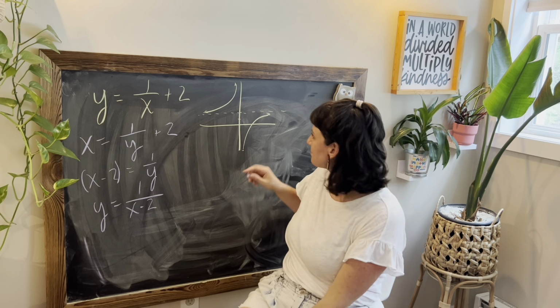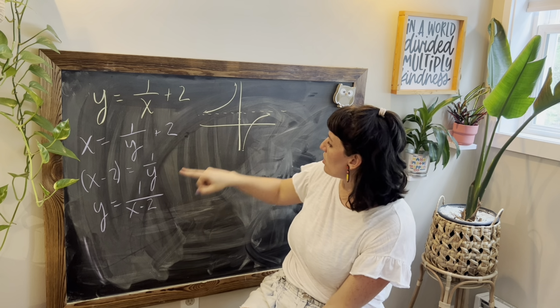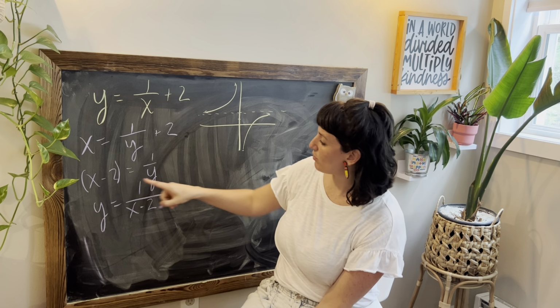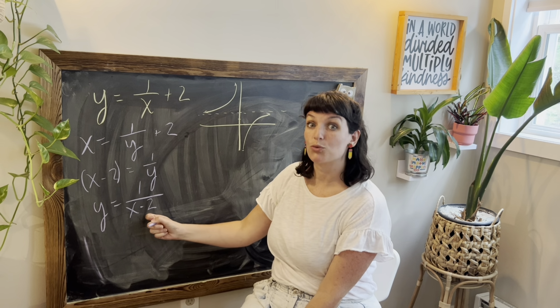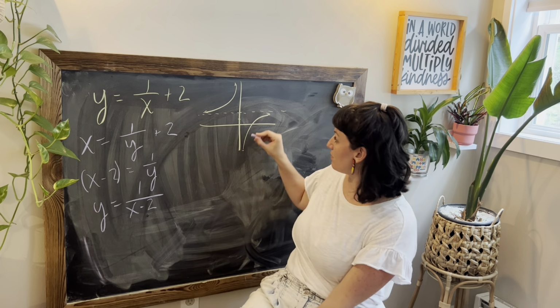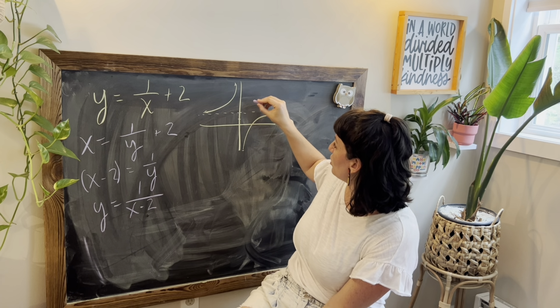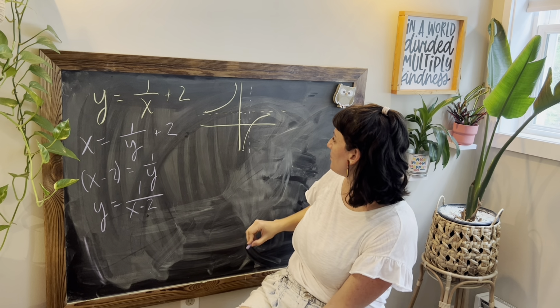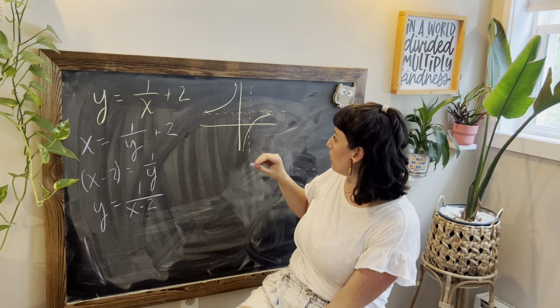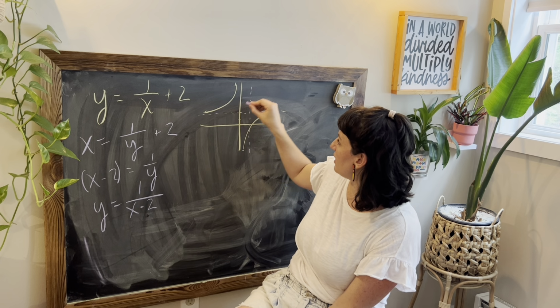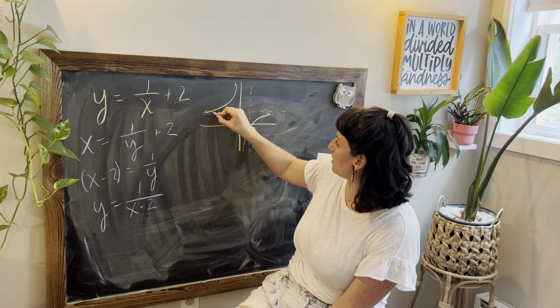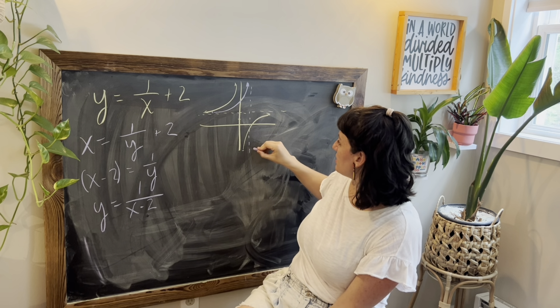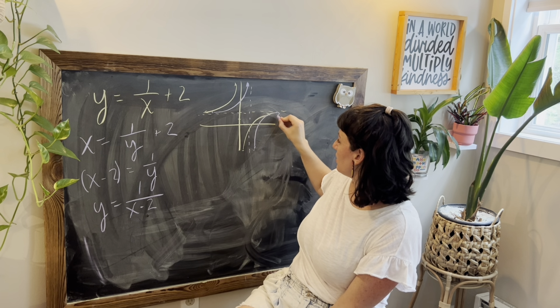Let's check it. This is a rational function, right 2. That's that transformation. And so I'm going right 2, and I'm getting some sort of asymptote here. And so now my function looks like this kind of a thing.